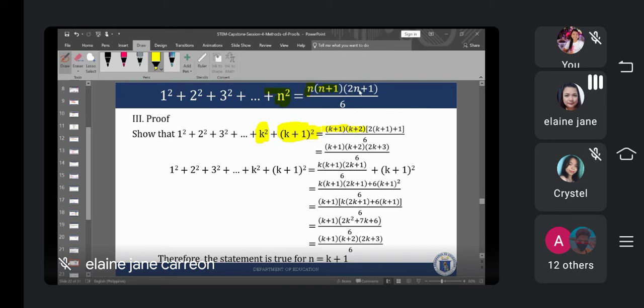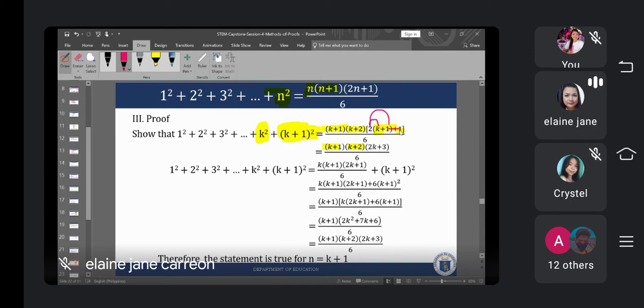Next, 2n. 2 times the quantity, palitan si n ng k plus 1, naging 2 times the quantity, 2k plus 1 plus 1. So, evaluating this, we have k plus 1 times k plus 2 times 2k plus 3. Paano nangyari yon? 2 times k is 2k. Ito yon. 2 times 1 is 2.